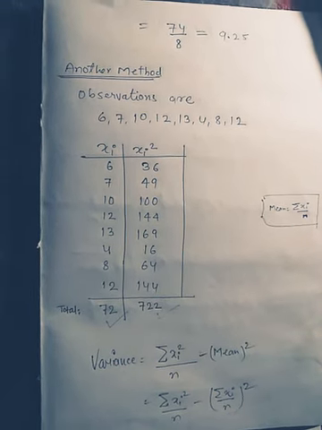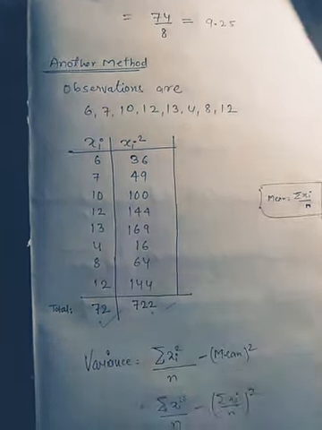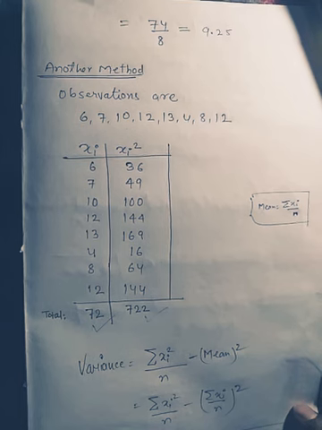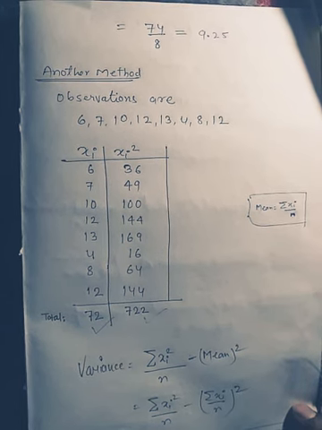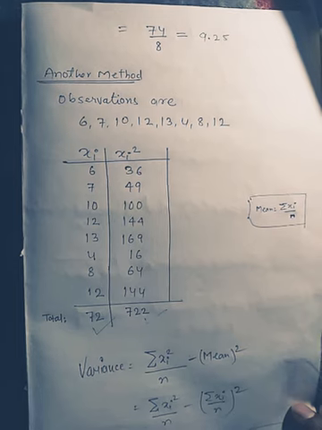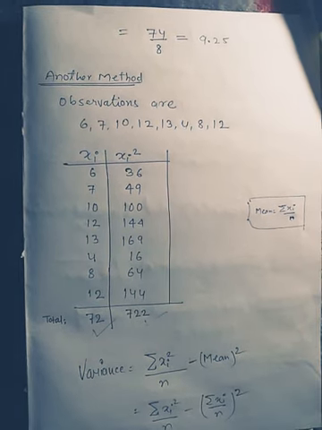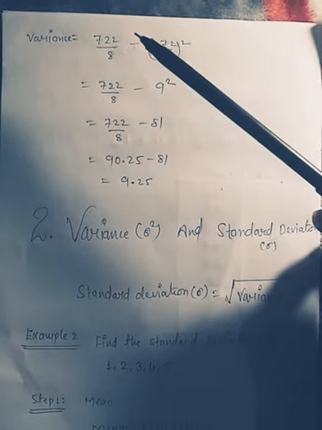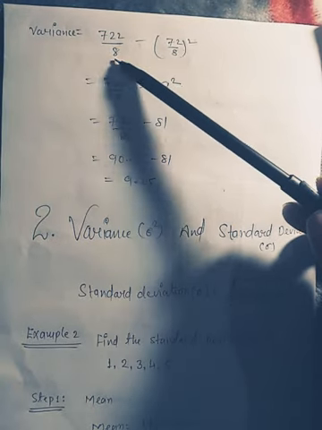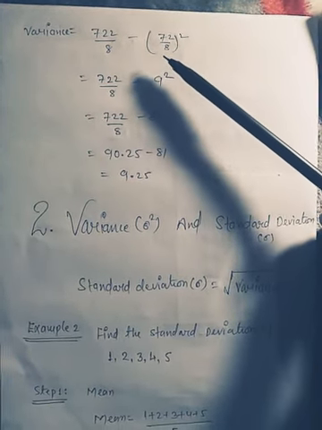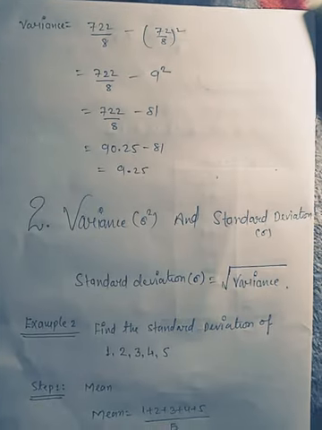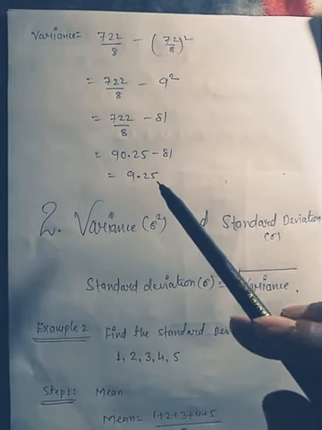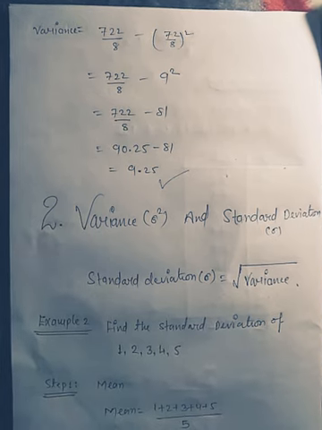So if we compute here, the variance is summation of xi square by 8, which is 722 by 8, minus 72 by 8 whole square. After simplify, we get variance is 9.25.